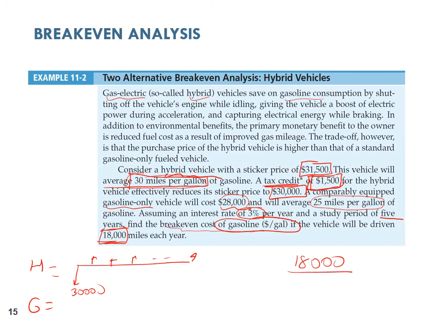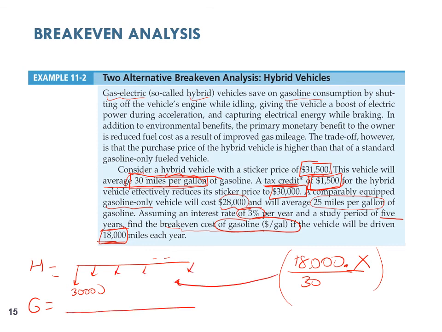So if I divide by 30, I will find the amount of gasoline that I am using to travel these 18,000 miles. And if I multiply it by the gasoline price, which I denote by X, this will be the amount of cost that I am paying. Since this is cost, I will write it in this way.